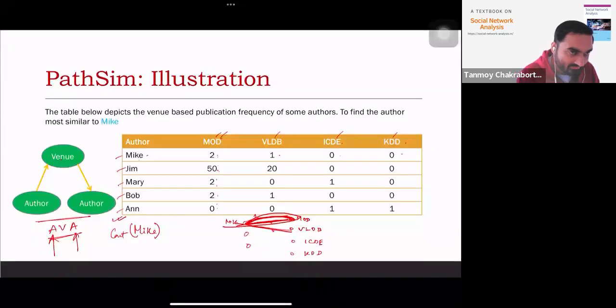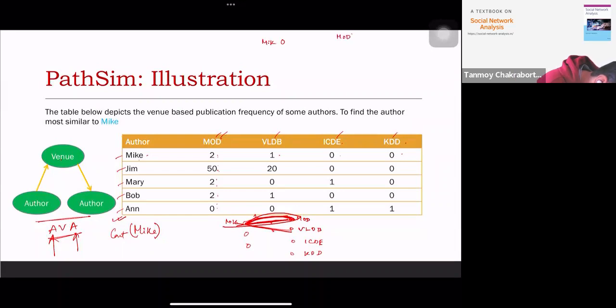So what I'm trying to say is, let's again unfold it. So this is Mike, and this is Sigmod. He has published this paper, say paper 1, and paper 2, and in VLDB, paper 3.